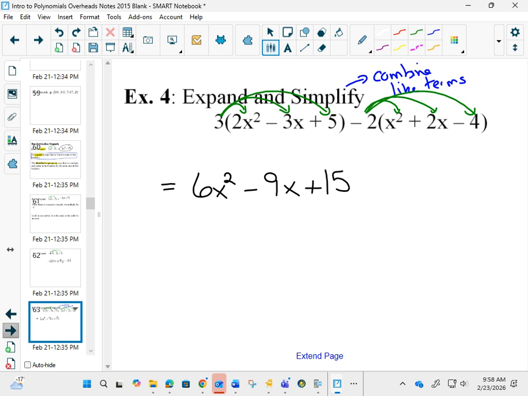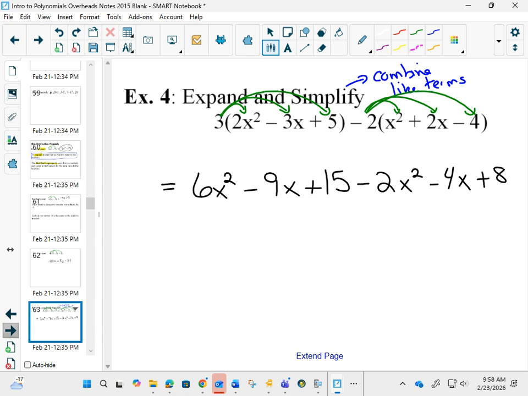If there's a subtract sign, when we distribute the 2, we actually distribute the 2 and the negative at the same time. So negative 2 times x squared, minus 2x squared. Negative 2 times 2, negative 4x. And then negative 2 times negative 4, positive 8.